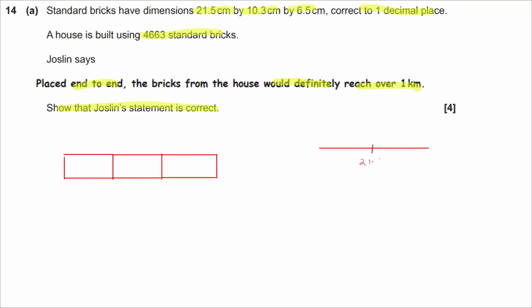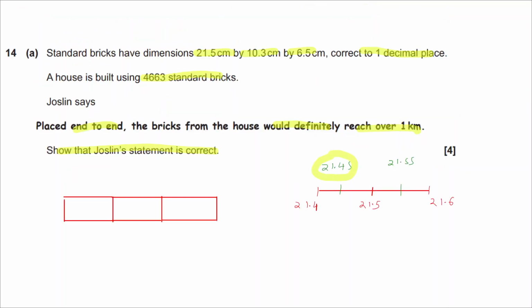If you're rounding to one decimal place, we can go above and below it to 21.6 and 21.4, and to get the upper and the lower bound here, we just go in between these numbers, so it's going to be 21.45 and 21.55. Now, for the bricks to definitely reach over 1 kilometre, you want to be using the smallest possible value and see if it still goes above 1 kilometre.